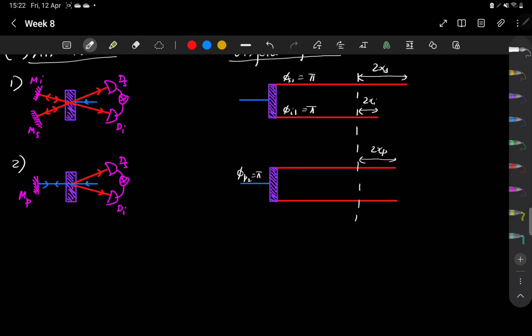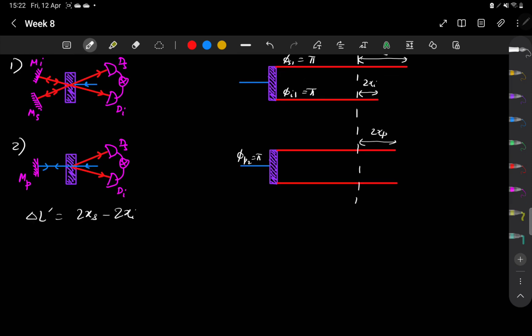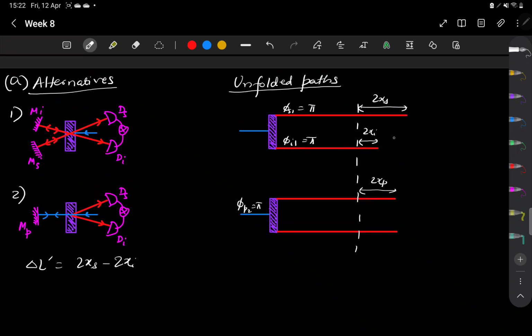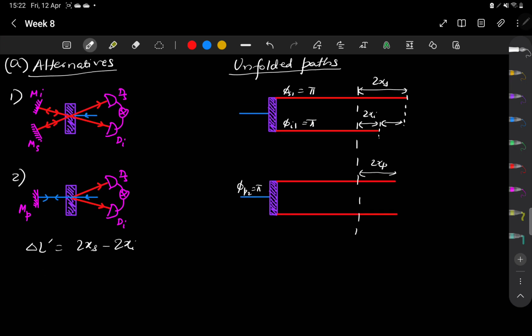So now the quantities. Delta L prime is 2xs minus 2xi. This difference over here is delta L prime.